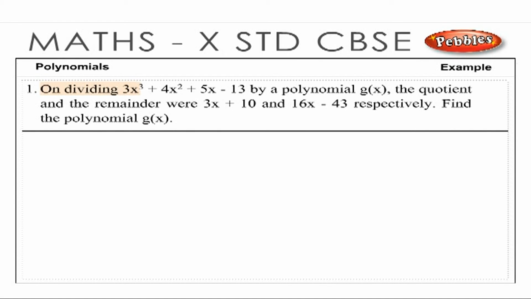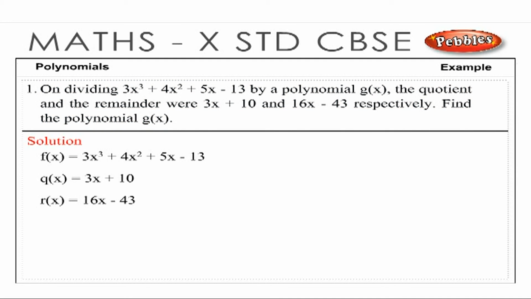On dividing 3x cube plus 4x square plus 5x minus 13 by a polynomial g of x, the quotient and the remainder were 3x plus 10 and 16x minus 43 respectively. Find the polynomial g of x. Solution: f of x is equal to 3x cube plus 4x square plus 5x minus 13.